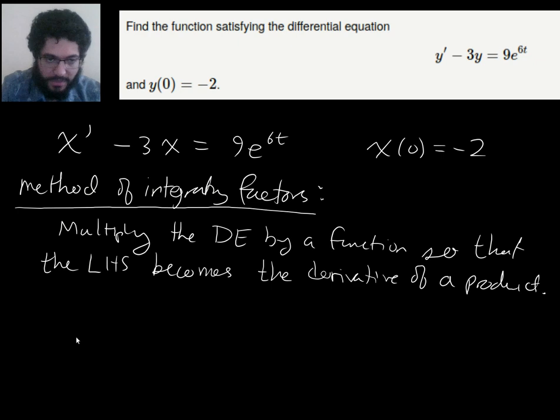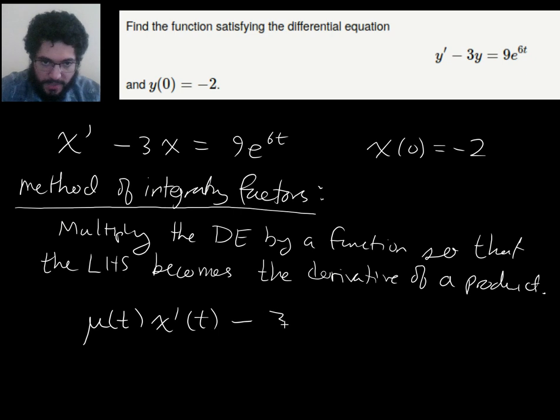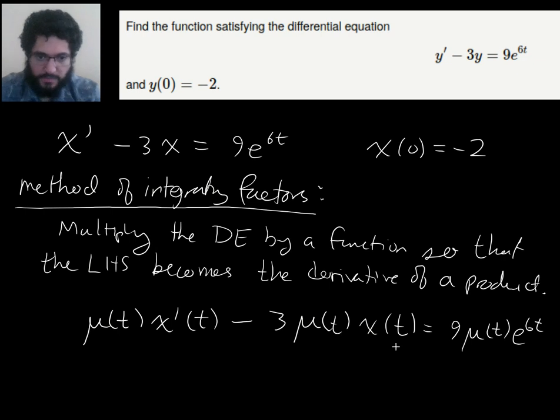So I'm going to multiply by this function, mu of t. And let me write down the t dependence explicitly everywhere. So there, this is my original differential equation, but I've multiplied it by an unknown function.